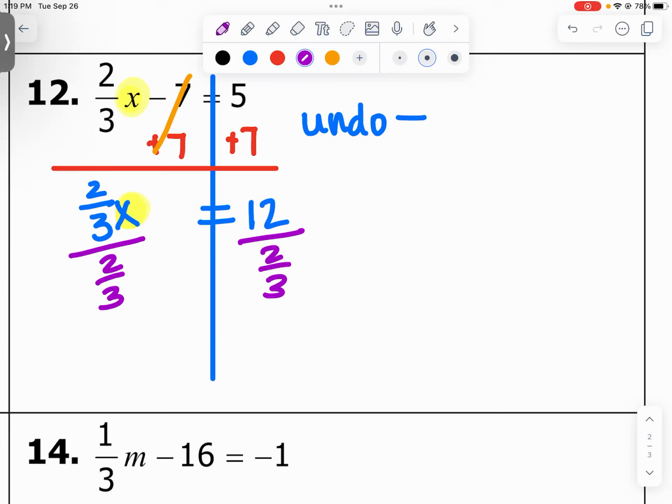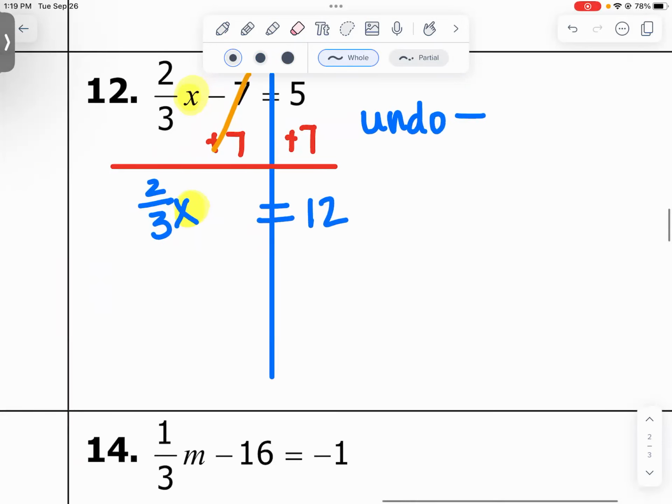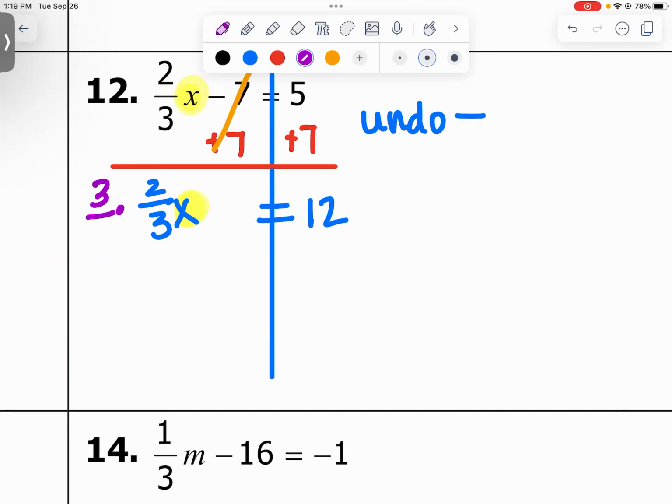It's 3/2. So instead of dividing by 2/3, remember last week we talked about multiplying by the reciprocal. So we're gonna multiply both sides by 3/2. Okay, so the 3/2 times 2/3 is going to cancel out.